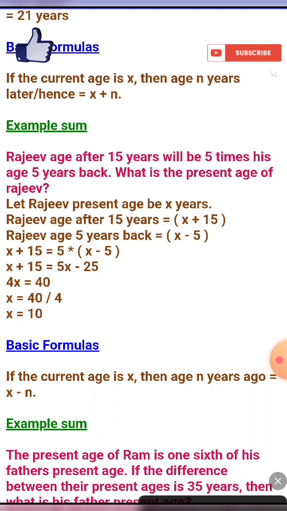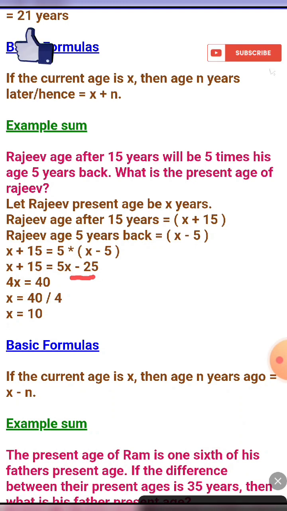Age after 15 years, x plus 15, is equal to 5 times his age 5 years back. 5 into x minus 5 means 5x minus 5 into 5, 25. Now x plus 15 is equal to 5x minus 25. For x, what we do: the x on the left goes to the right, and minus 25 goes to the left.